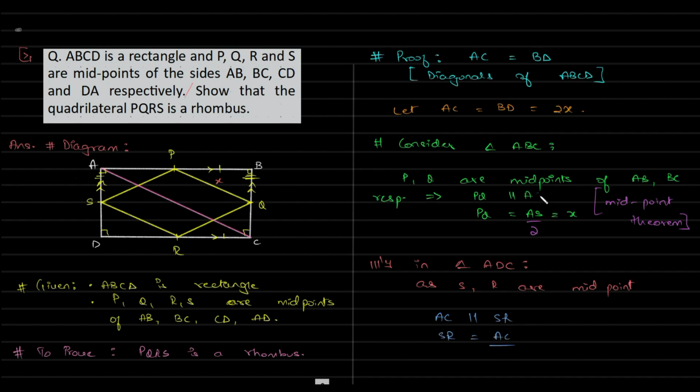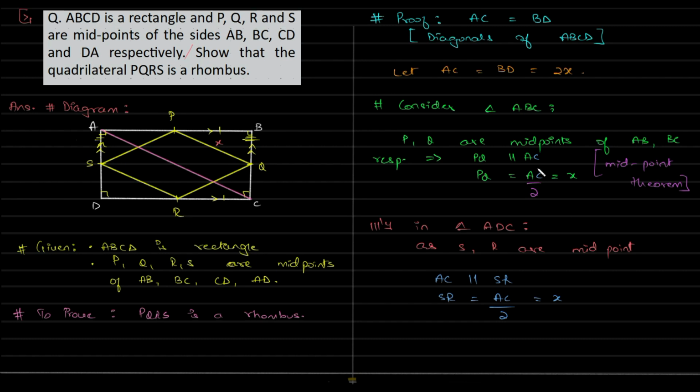Okay, I've written AS, it should be AC by 2. So this is equal to x. Okay. Now, what else can we tell? So we can tell from 1 and 2 that we have PQ being equal to SR and also parallel. So this becomes a parallelogram.